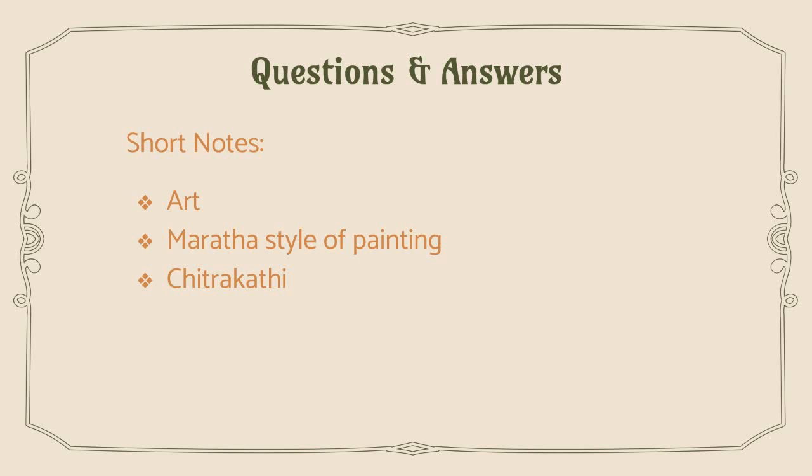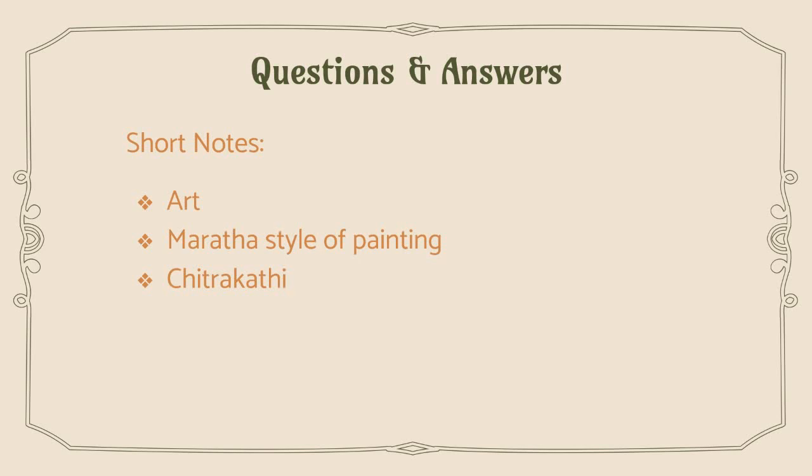The last short note is Chitrakati. We know that the tradition of Chitrakati is mentioned in the Manasollasa, a book written by the Chalukyan king around the 12th century Common Era.